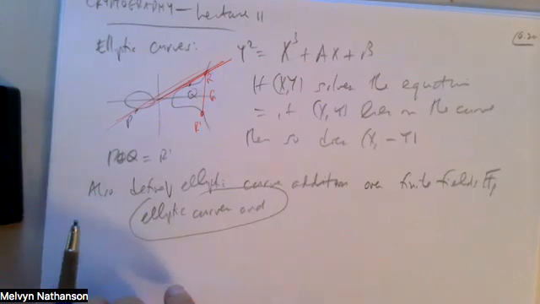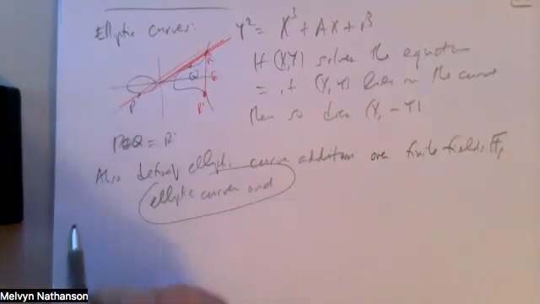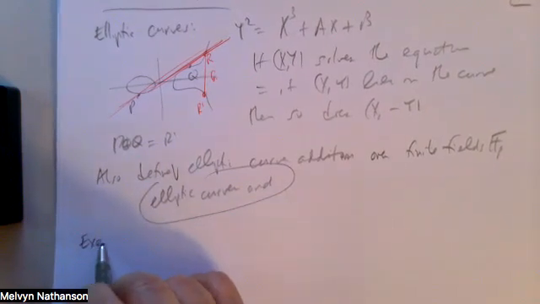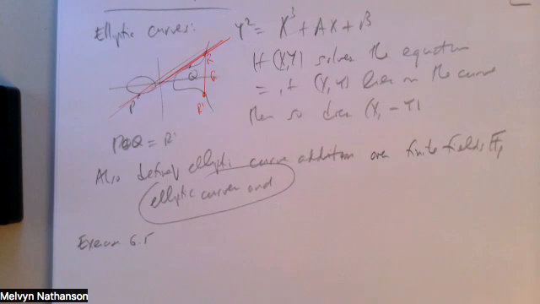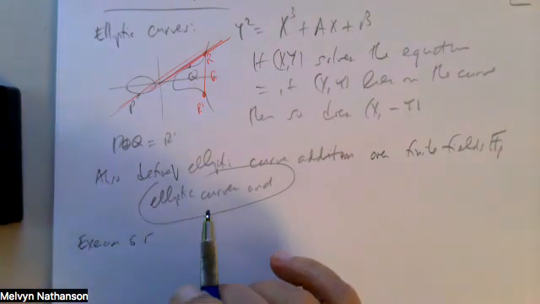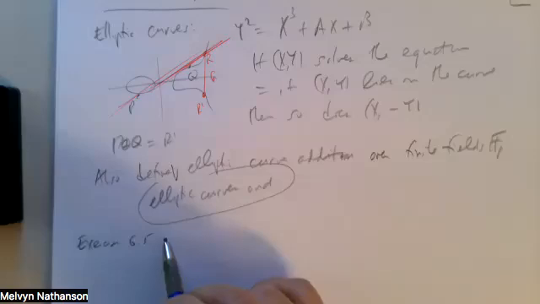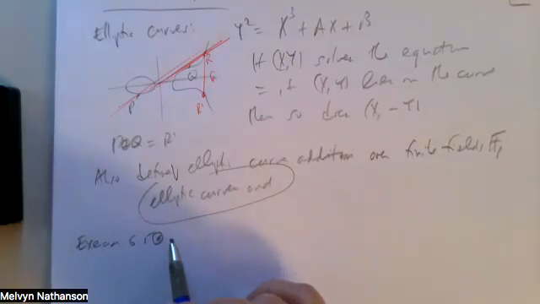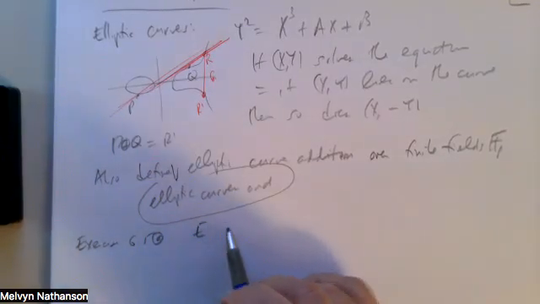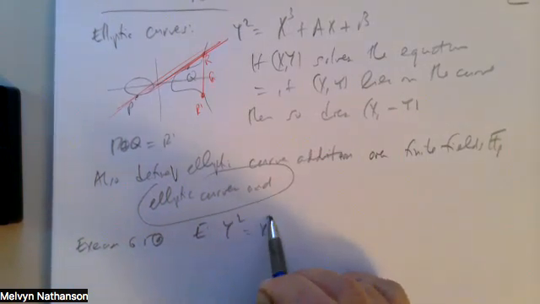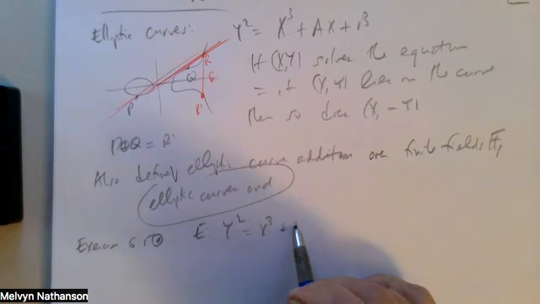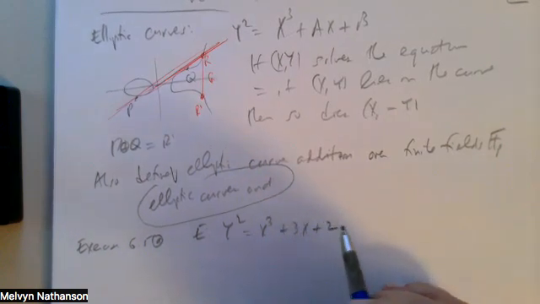So this is actually the first one of the homework problems, Exercise 6.5. We have the elliptic curve. So this is 6.5a. The elliptic curve E is y squared equals x cubed plus 3x plus 2.